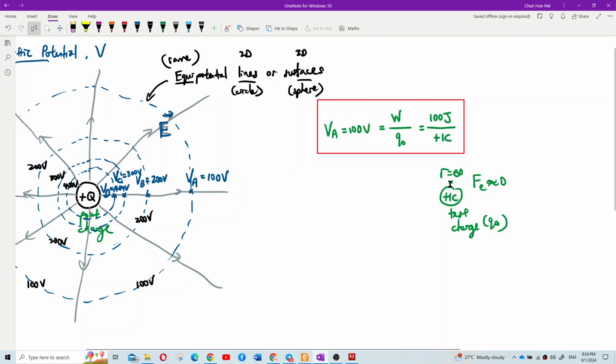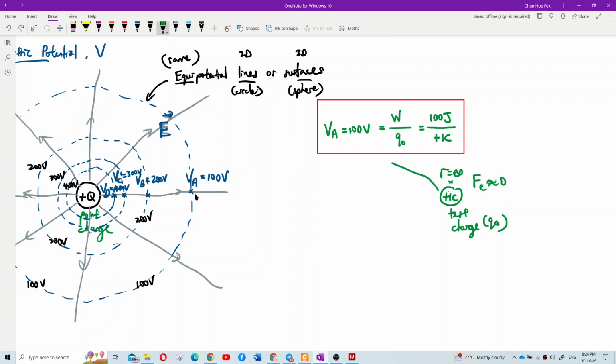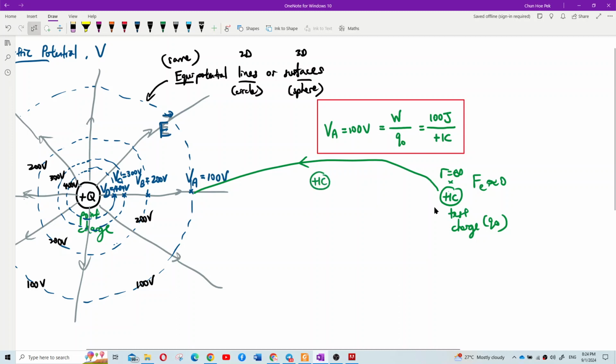Now if I want to bring this test charge nearer to point A, this is point A. I want to bring this test charge, positive 1 coulomb, from infinity nearer to this point.